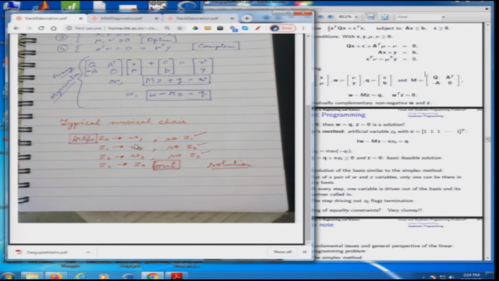So, suppose w 2 hits the boundary first. So, as z 1 comes in, w 2 goes out. Then w 2 has become 0, so z 2 can be increased. Then you increase z 2, and then perhaps w 3 becomes 0, that is the first that hits the boundary. Okay. So, then you say fine, z 3 can be increased, and as z 3 gets increased, perhaps z 0 is driven out.